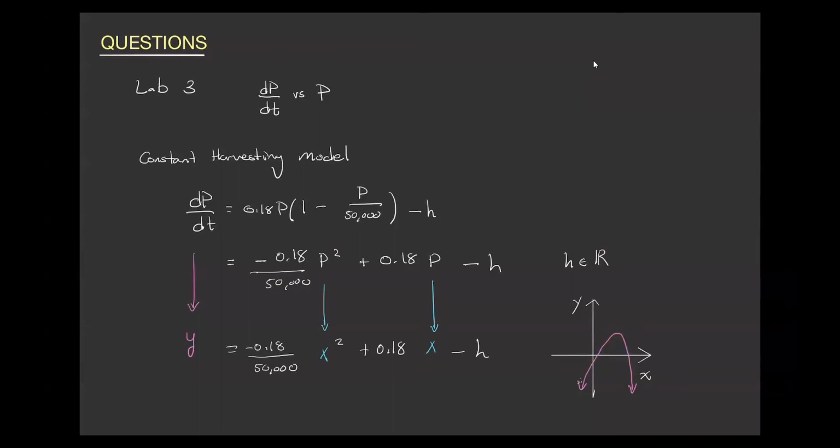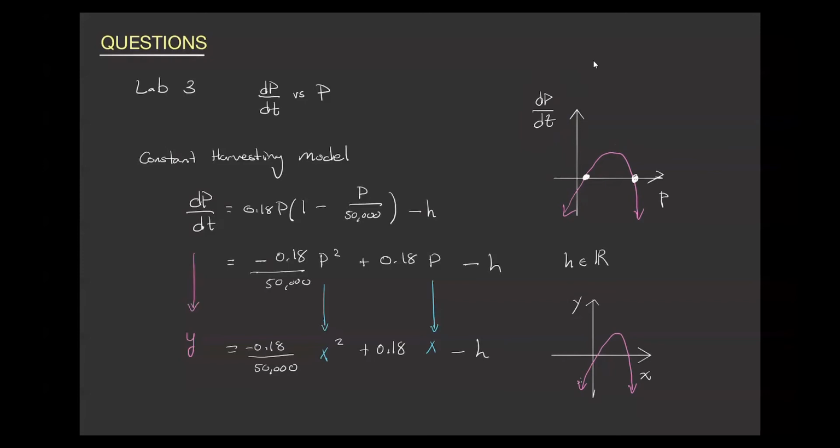I could just relabel things up here, and instead of calling this the y-axis, I can revert back to the name dp dt, and call this p. But the curve is going to be exactly the same, a parabola opening downwards like this. So finding the equilibrium points means finding where this is 0, that is, where the slope is 0. So finding where this curve intersects the p-axis.